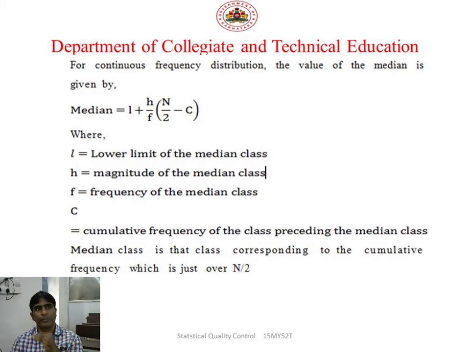The median class corresponds to the cumulative frequency which is just over n by 2. What is n? N is the sum of the frequencies of the distribution. In the vertical column, you add the frequencies and you get the total, capital N. The cumulative frequency just over n by 2 is what we call C.